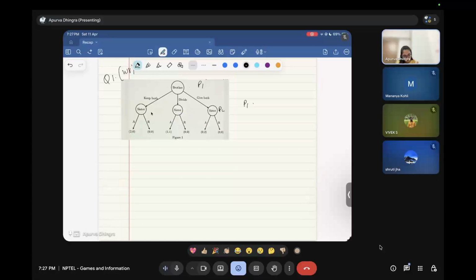Player 1 has strategies, and I'm just going to give them numbers 1, 2, and 3. Player 2 can play ANR, but she can play ANR at 3 different points, meaning it's supposed to be a Cartesian product of ANR, actually 3 Cartesian products.